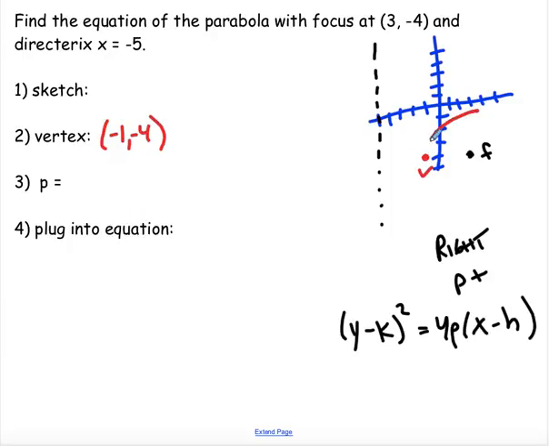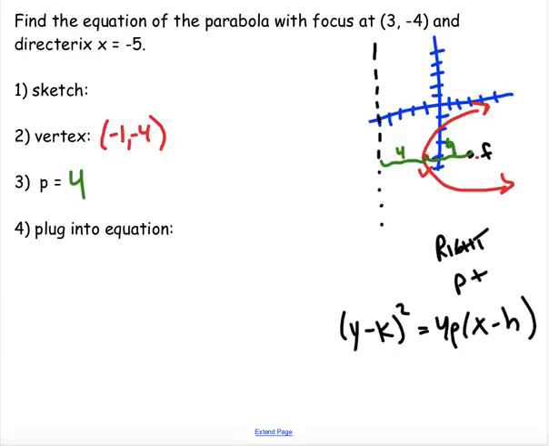And it's opening right. And so to get P, figure out the distance between vertex and focus, or vertex and directrix. So we'd be going over 1, 2, 3, 4, looks like. So P is 4. Same thing here. That would be a distance of 4.